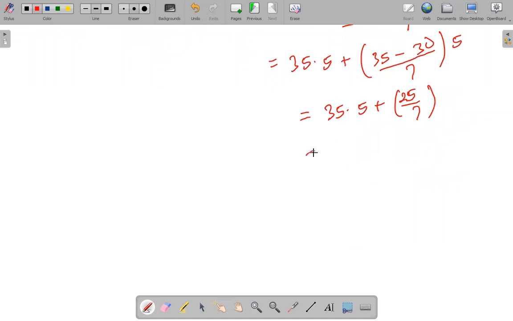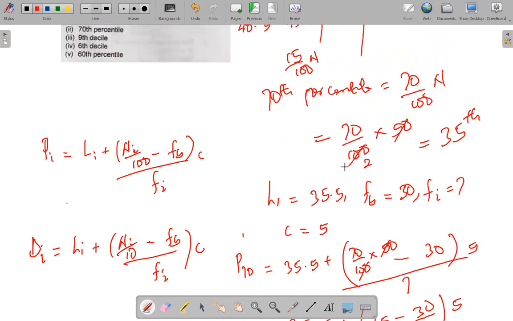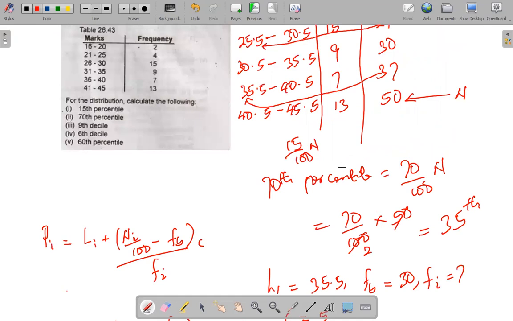Therefore our 70th percentile is 35.5 plus 3.6, which is 39.1. The 70th percentile is therefore equal to 39.1.